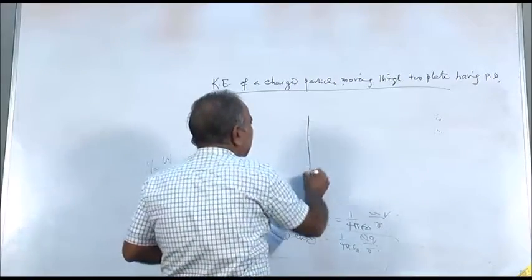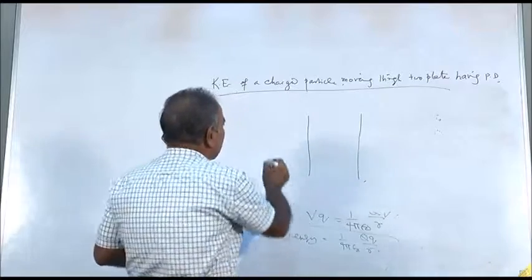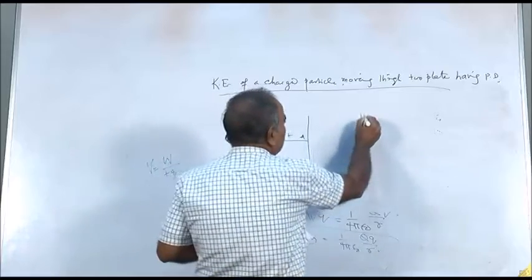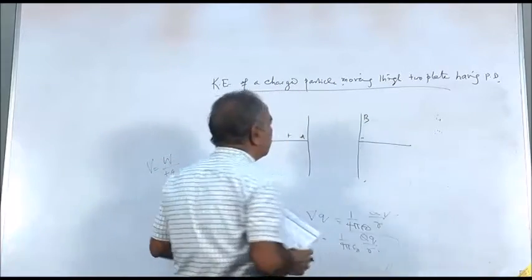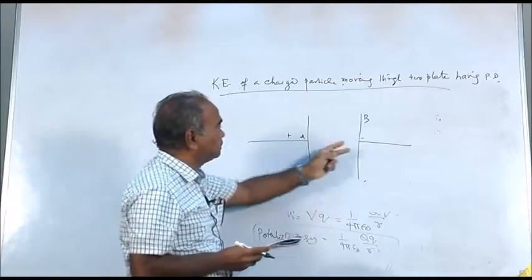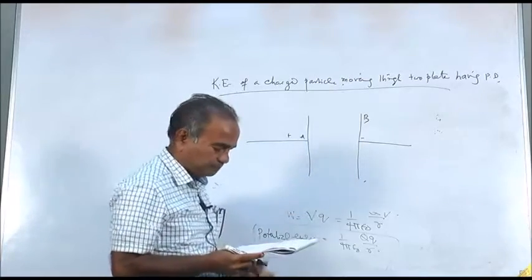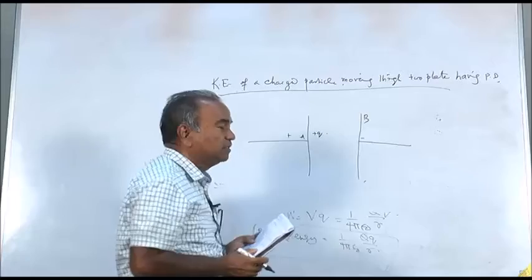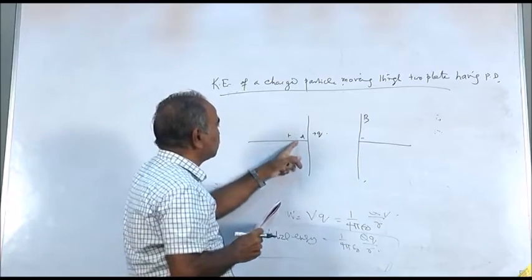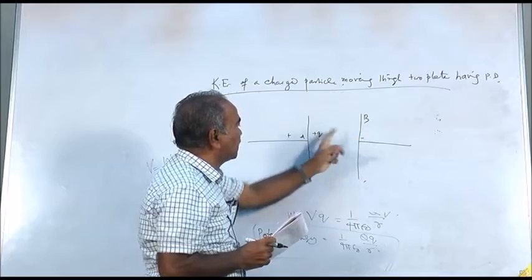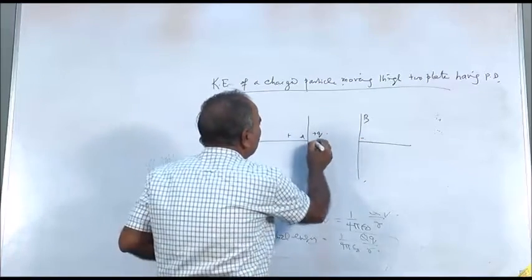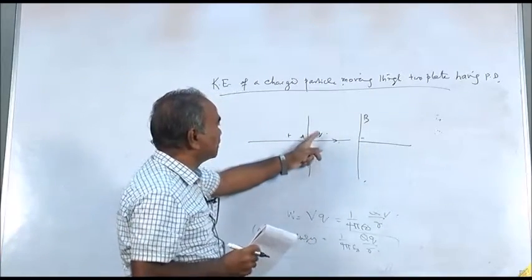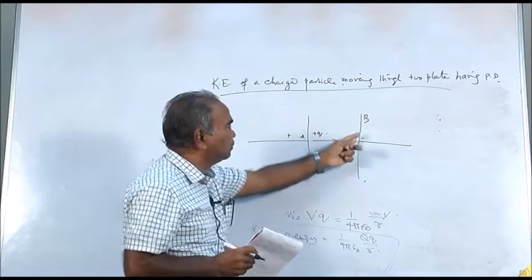So these are two plates, A is connected to the positive terminal, and plate B is connected to the negative terminal. So a potential has been developed between the two plates A and B. Suppose you place a plus q charge inside. This plus plate will repel it, and the negative plate will attract this charge. So this charge will move from A to B if it is a plus charge. If it is a negative charge, it will move in the opposite direction.